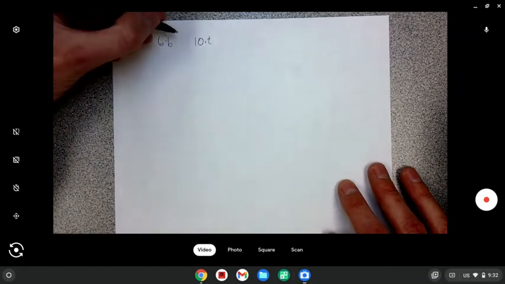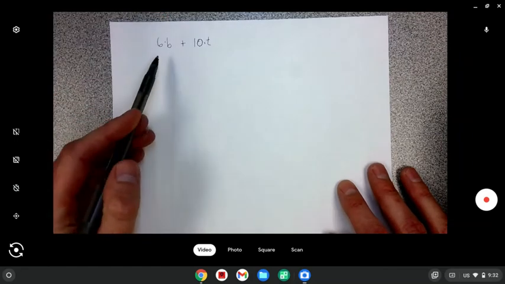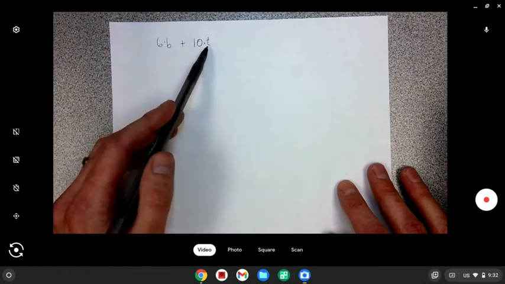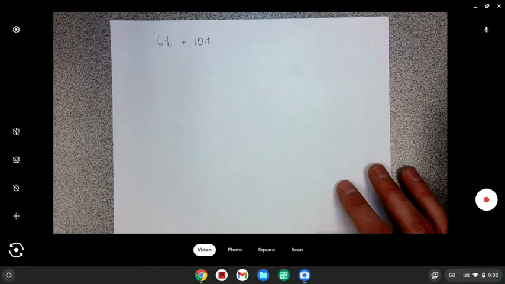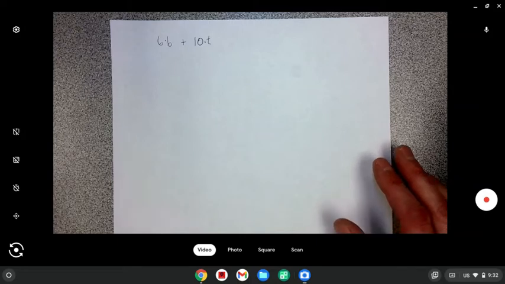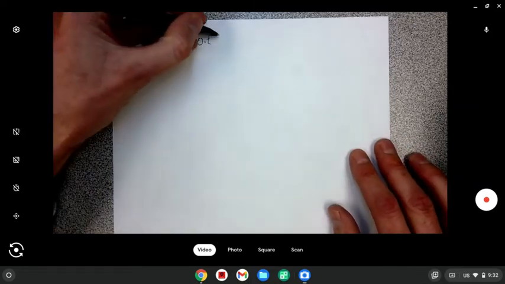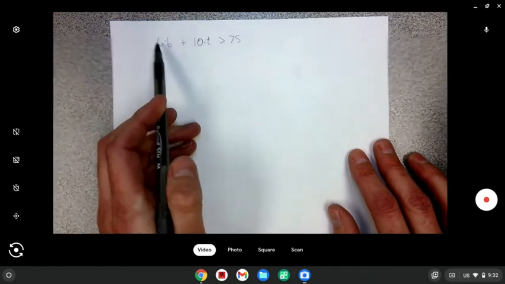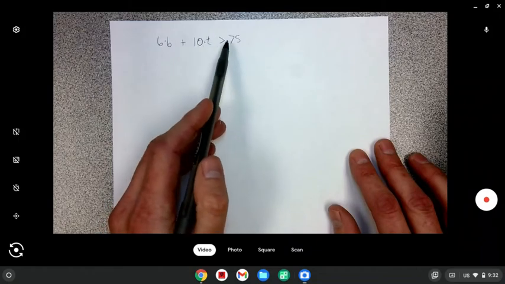And together, combined, her babysitting money plus her tutoring money, she needs to make at least $75. At least means that she could earn more than $75. Whatever this dollar amount totals could be more than $75.